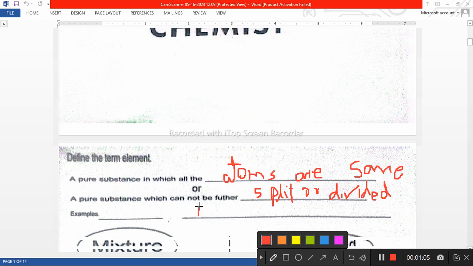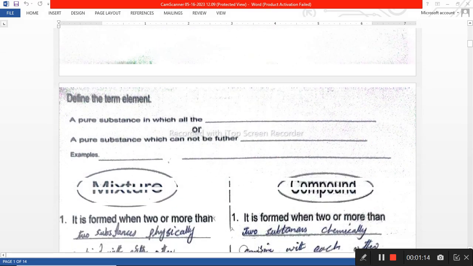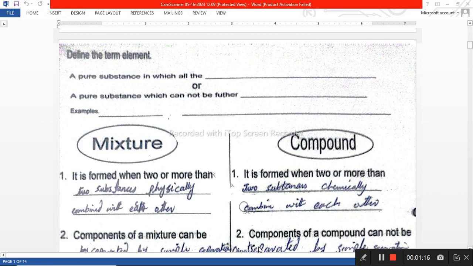Like Na, sodium, carbon, phosphorus, and etc.